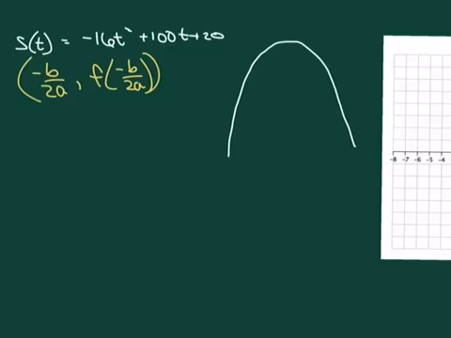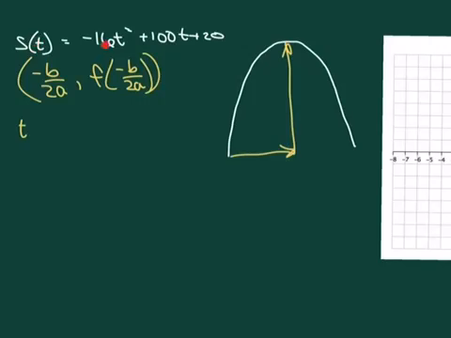All right, so the time over here and up here, that's going to be my height. And since it's related to time, when I find my vertex, it's going to be related to time. Okay? So let's go ahead and do that.